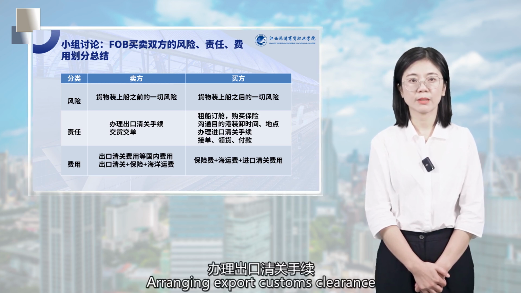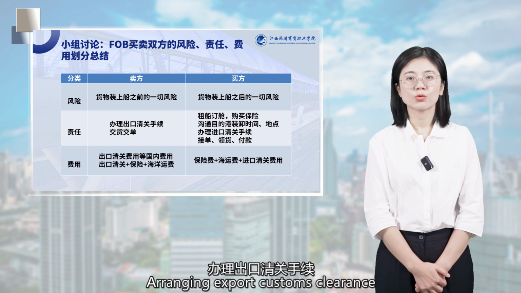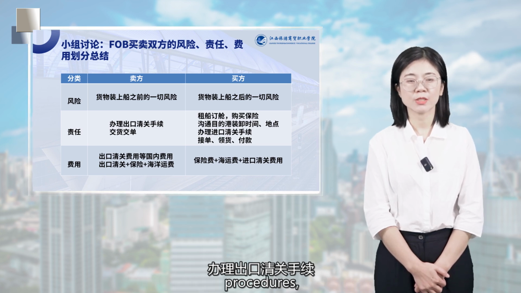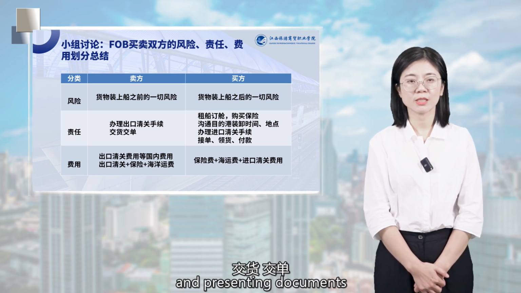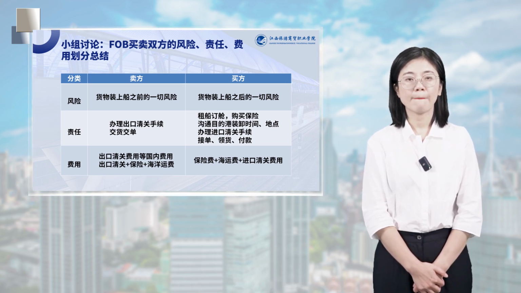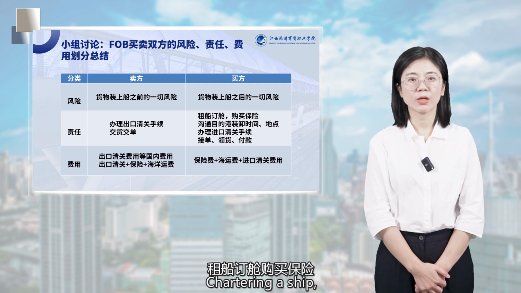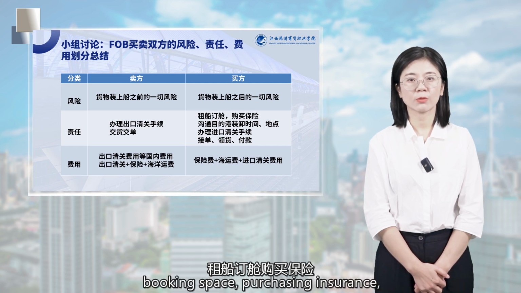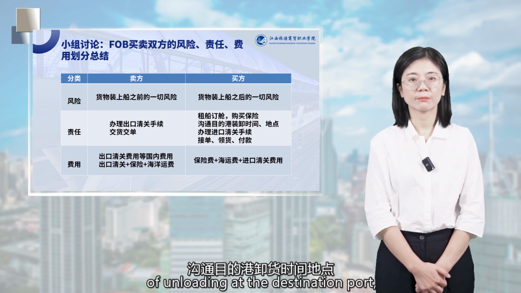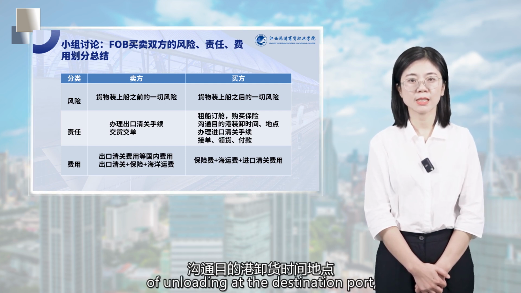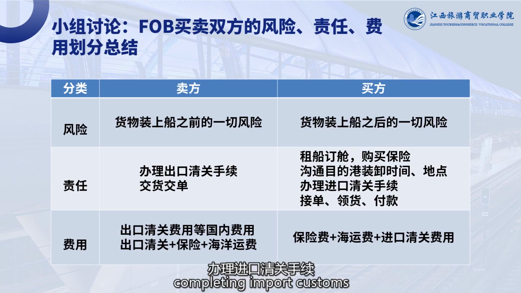Seller: arranging export customs clearance procedures, delivery, and presenting documents. Buyer: chartering a ship, booking space, purchasing insurance, communicating the time and space of unloading at the destination port, completing import customs clearance procedures, receiving the goods, and making payments.